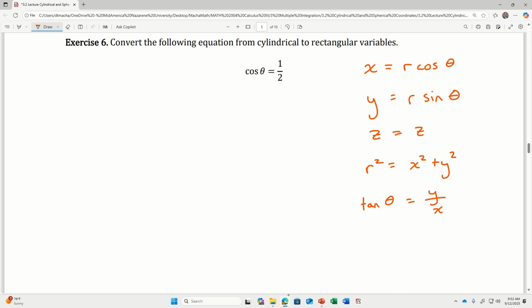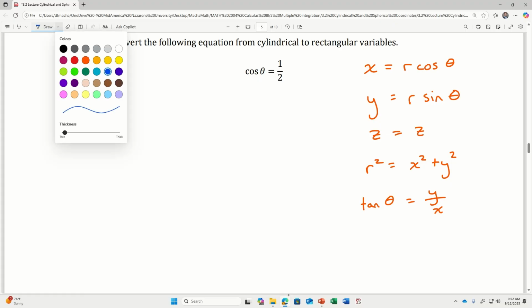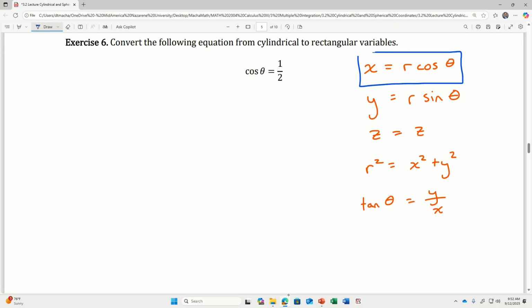So the only one that contains a cosine theta is this. So I'd probably try this first, since my equation has cosine theta.